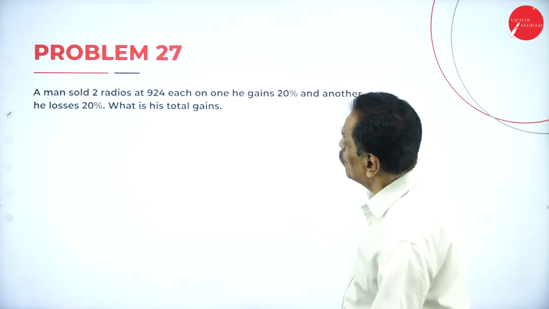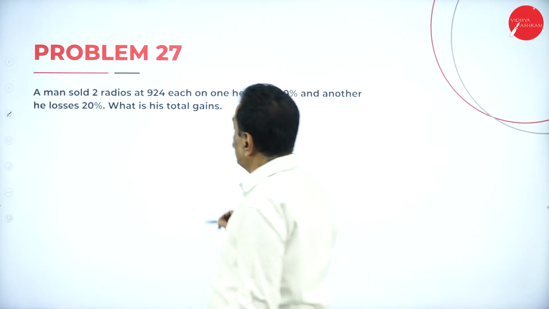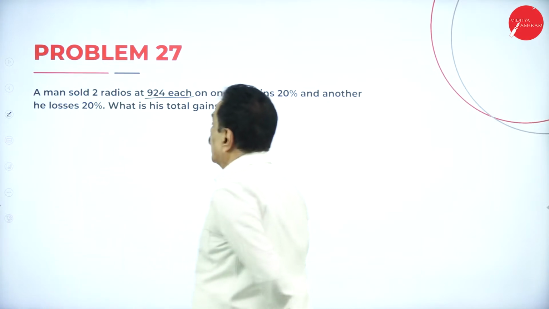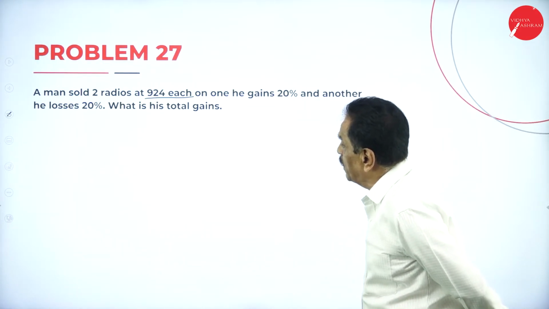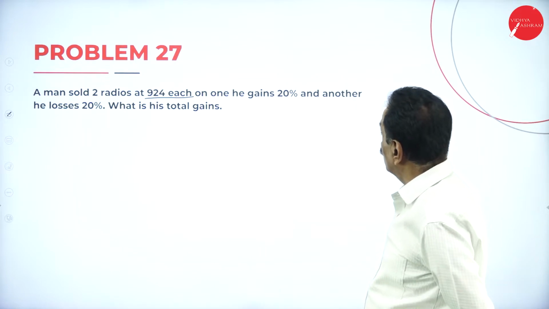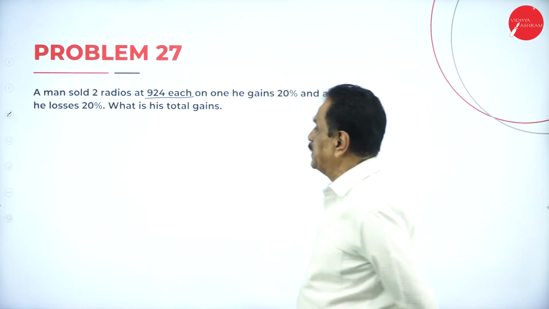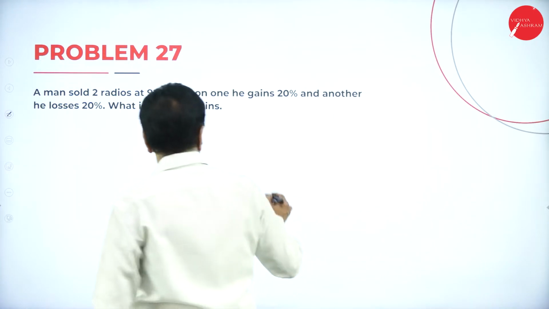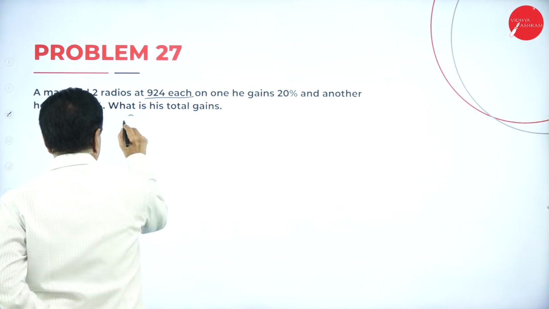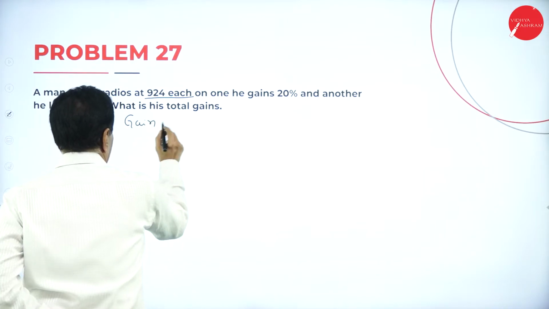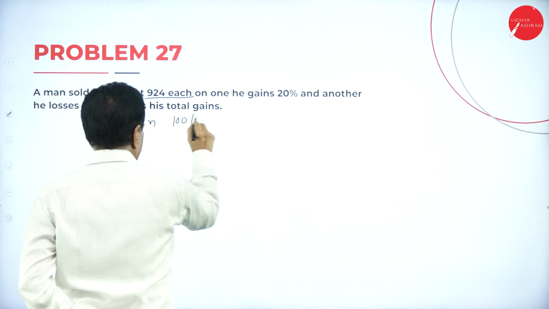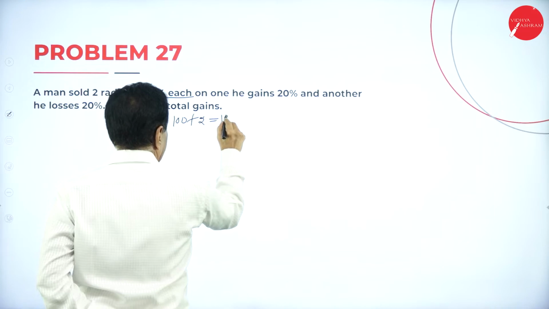A man sold 2 radios at 924 each. On the one he gains 20% and on the other he loses 20%. First one, gain: 100 plus 20 is 120.